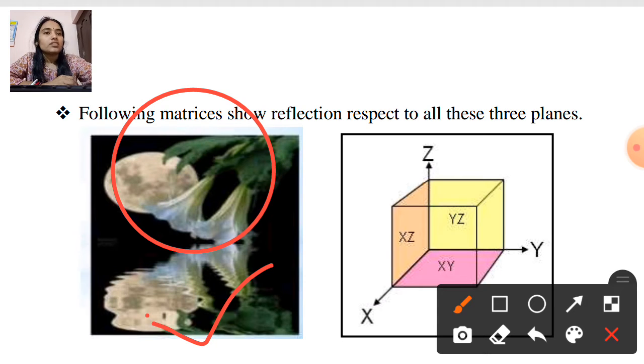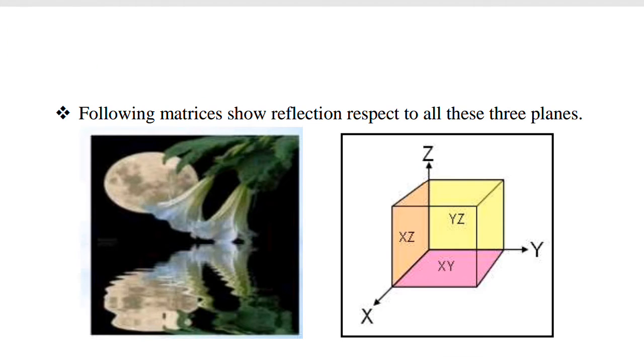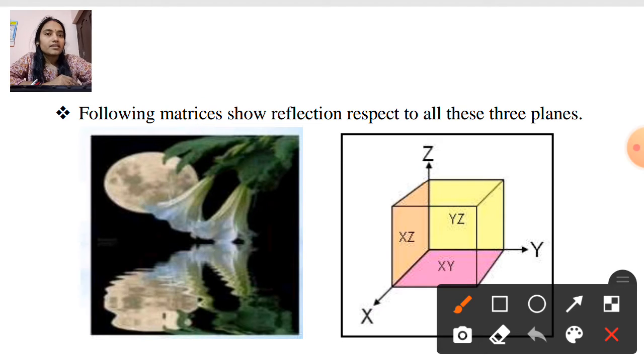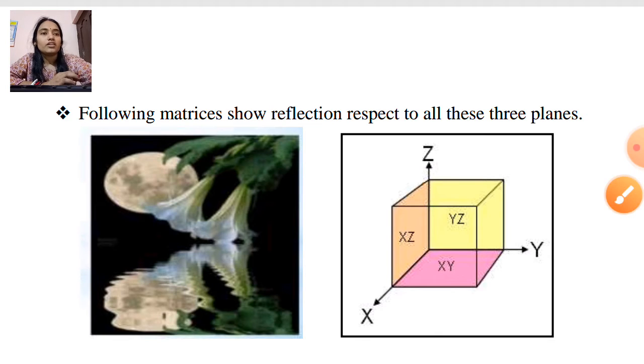So here the matrix for this reflection involves the different axes, x-axis, y-axis and z-axis, and the different planes, xy plane, xz plane, yz plane. So these three planes and these three axes are there. In this way we coordinate the 3D image.